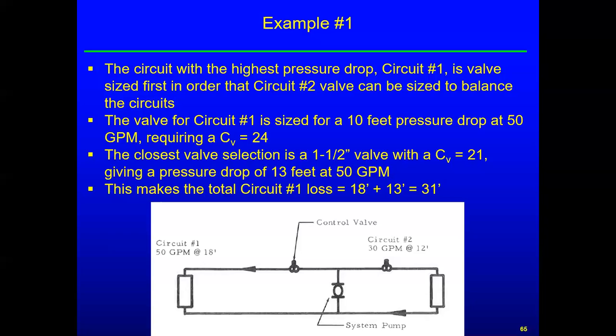Then I take the square root of that, and that's 2.085. I'm going to store that away, and then I take my 50 GPM and divide by that 2.085, and I get basically 24. So that's my CV for that circuit.